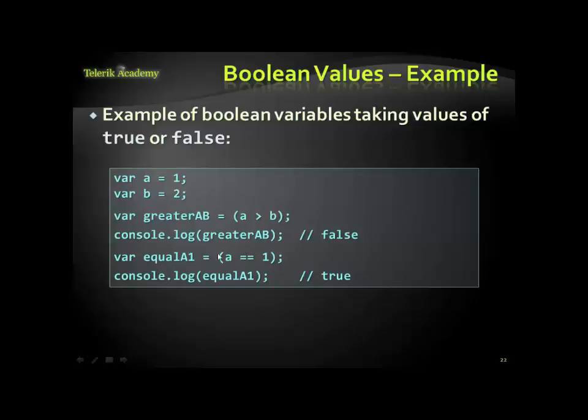So if you want to assign something, you use a single equal sign. If you want to check whether a certain object is equal to another, you use a double equal sign. So in this case, we're checking whether a is equal to 1. It is. So we get here a value of true on this side, and we're assigning it to this variable. And what we'll get here in the output is true.